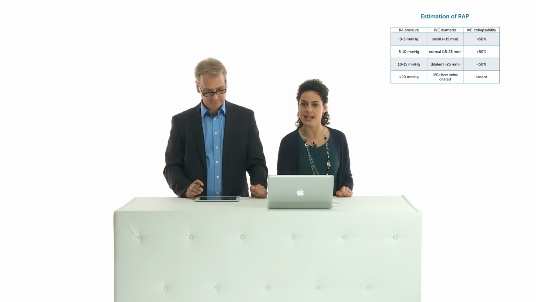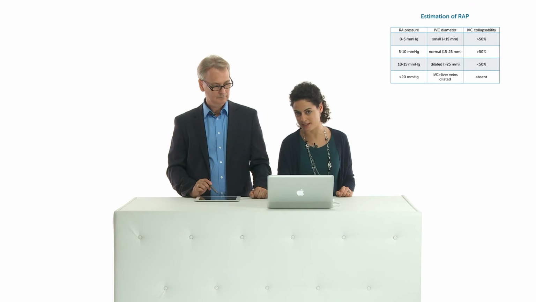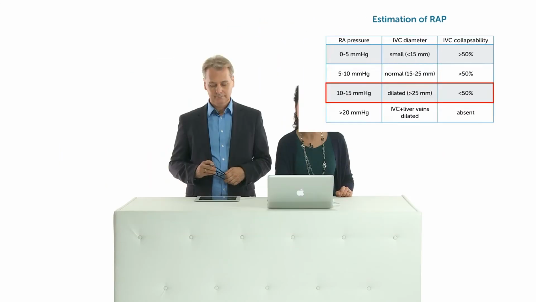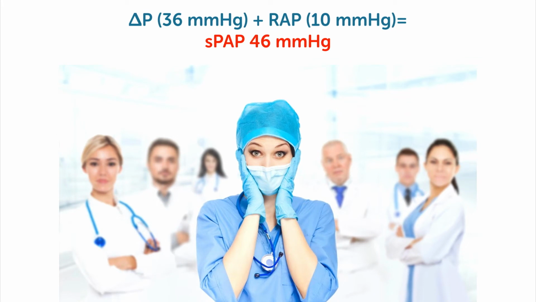When you consider this table, you can better estimate right atrial pressure with these two factors, diameter and collapsibility of the inferior vena cava. We had 25 millimeters with less than 50% collapsibility. So I would add to that 36 millimeters of mercury at least 10 millimeters of mercury as right atrial pressure. The value we get is 46 millimeters of mercury of SPAP.